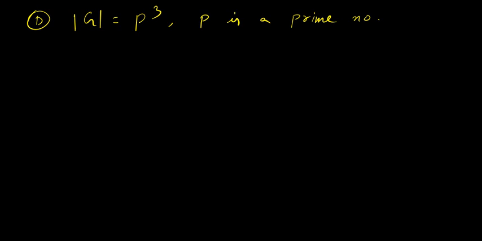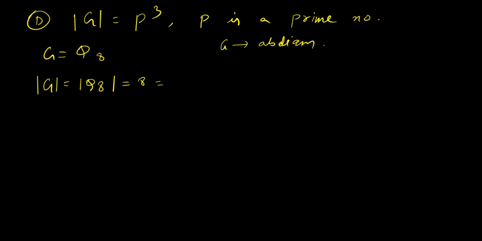Suppose G equals Q8, so the order of G equals the order of Q8, which is 8, and this equals 2 cube, so here p equals 2, which is prime.